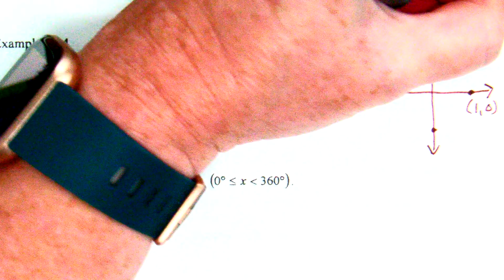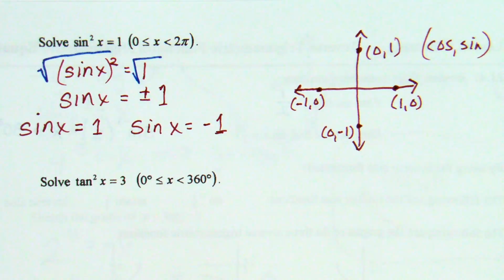What is the order in an ordered pair on the unit circle? Cosine, sine. So, with that in mind, when does sine equal 1? Up here at the top. Do you remember what that is? Pi over 2.